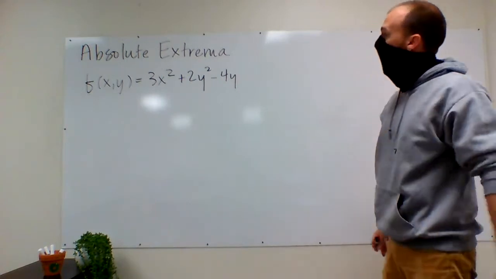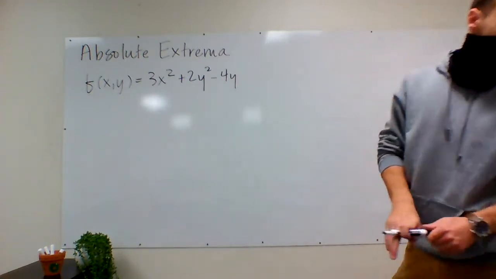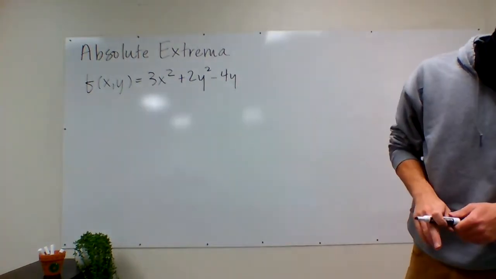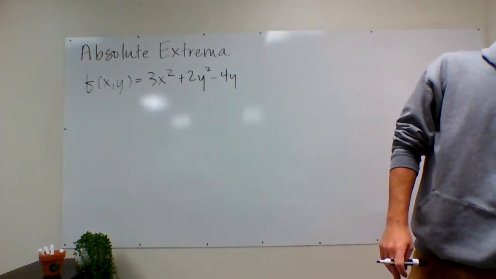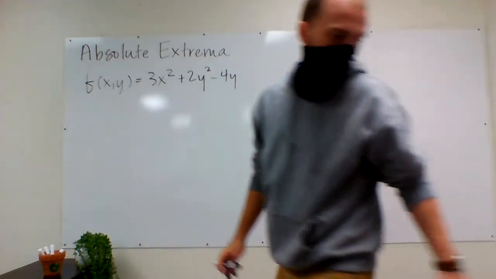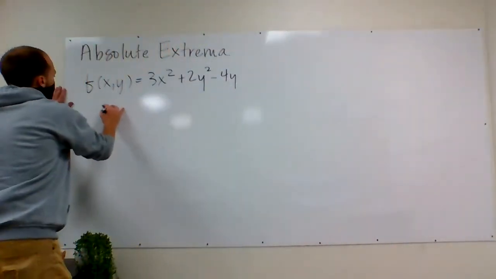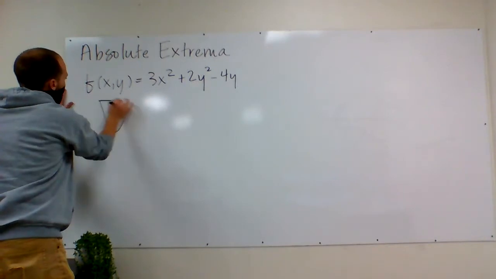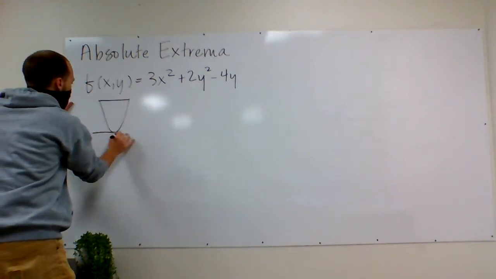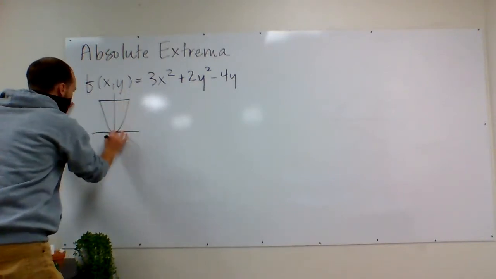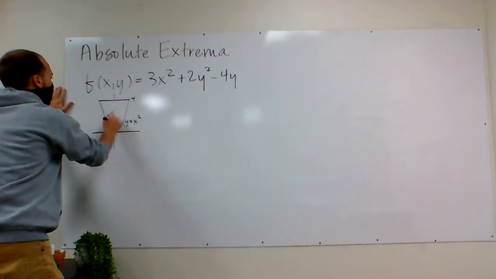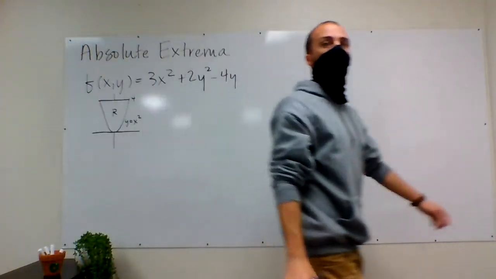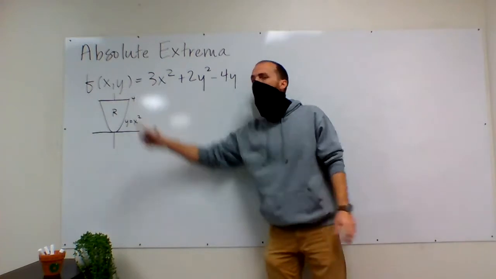And I am interested in maximizing and minimizing on the region, and I think it's easier for me to draw it for you. So we're going to maximize this function over the region R as I've drawn it.